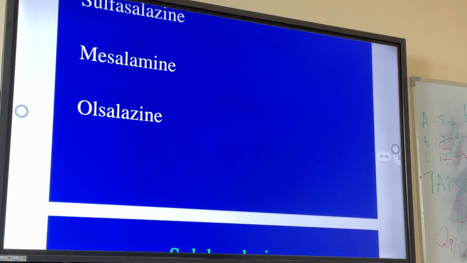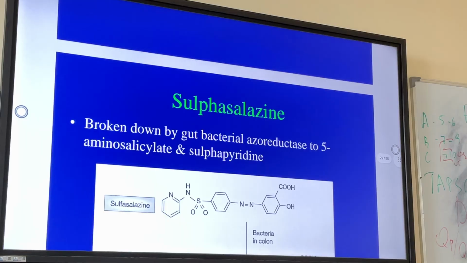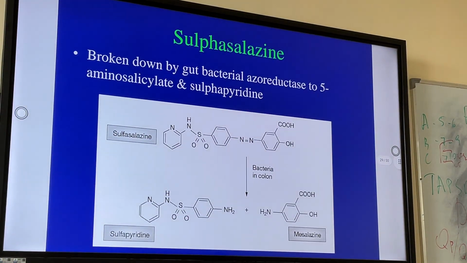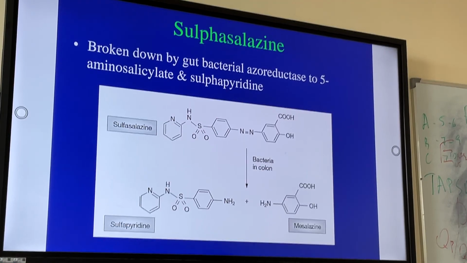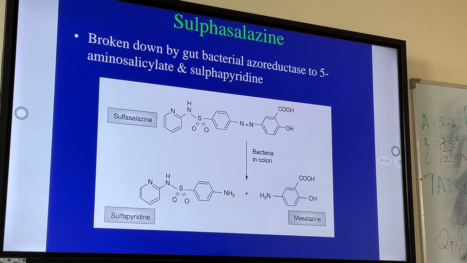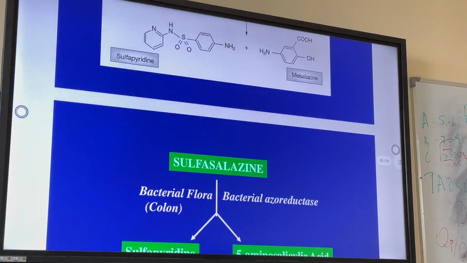The classical variant is sulfasalazine. Now, sulfasalazine in the intestines is divided into two components: sulfapyridine and aminosalicylate. They have different effects.